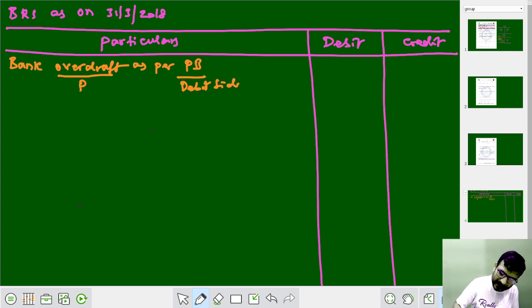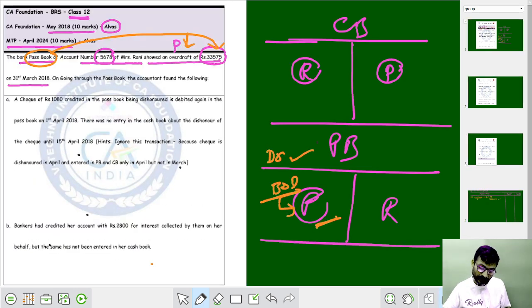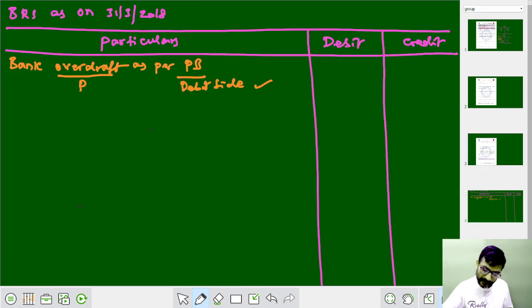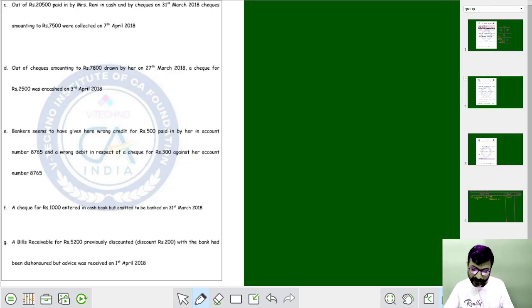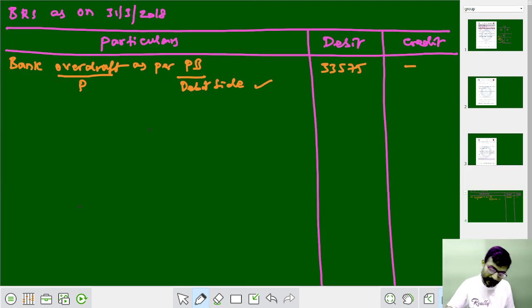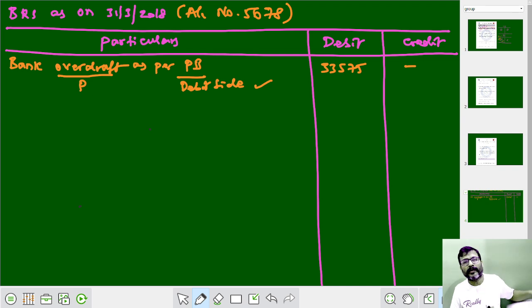It comes on the debit side. So we have to take it on the debit side only. What is the amount? 33,575. And what is the account number? It is 5678, right? We are doing the answer for account number 5678. Shall we move on to the solution?